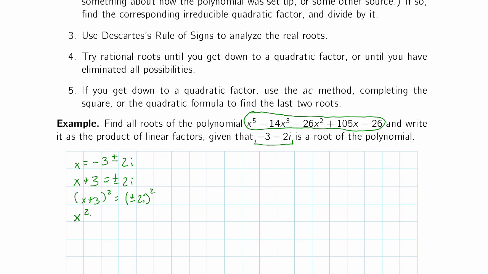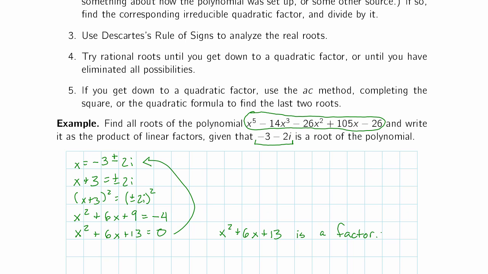So we've got x squared plus 6x plus 9, 2i squared, positive or negative doesn't matter. It's negative 4. So x squared plus 6x plus 13 is 0, is the quadratic that has those roots. x squared plus 6x plus 13 is a factor.